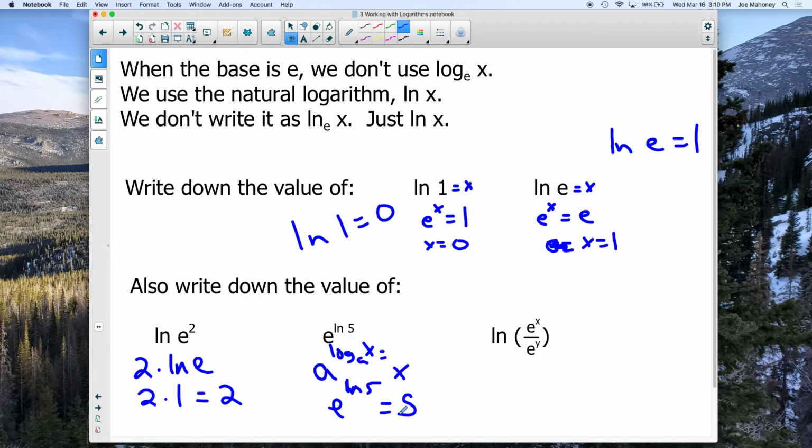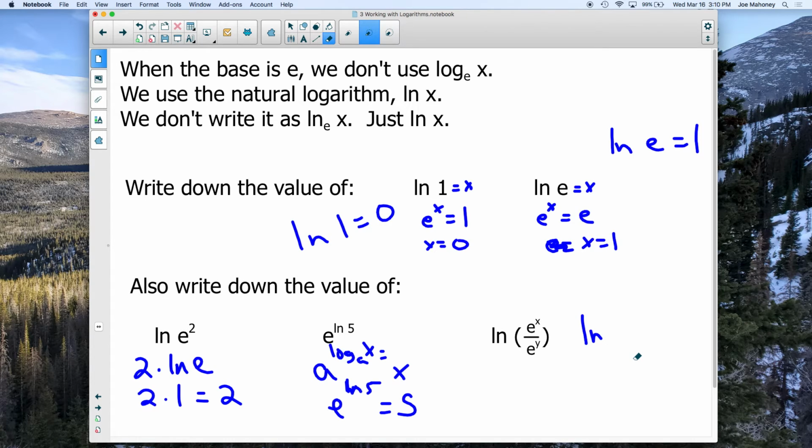Well, what if we use our subtraction division rule here? And let's say that this is going to be the log of e to the x over e to the y. ln of e is 1. I didn't really mean to write that as an exponent. I'm sorry. Making a mess here.